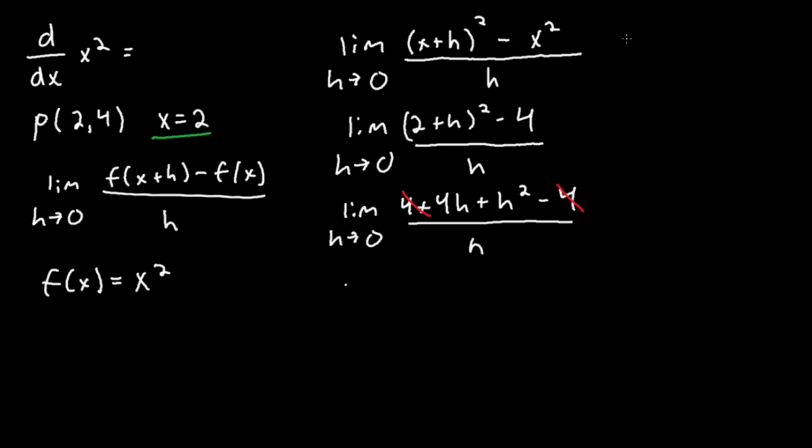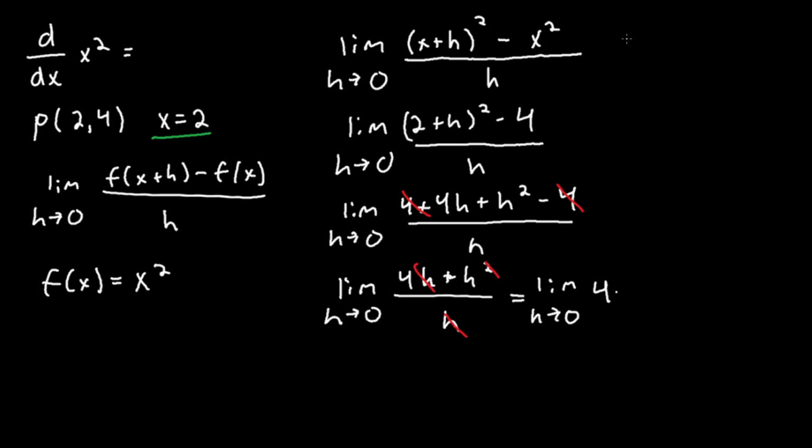These 4's cancel out, so we just get the limit as h approaches 0 of 4h plus h squared over h. But look here. The h in the denominator cancels out, and the h in this square cancels out too. So we get the limit as h approaches 0 of 4 plus h. And all we can do is plug in 0 here, and you get 4.